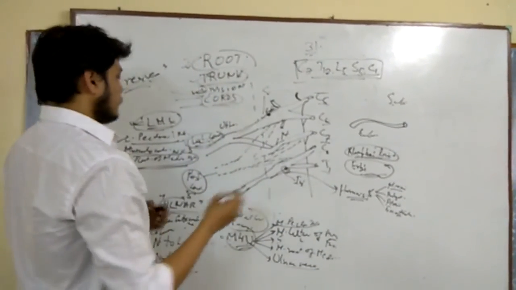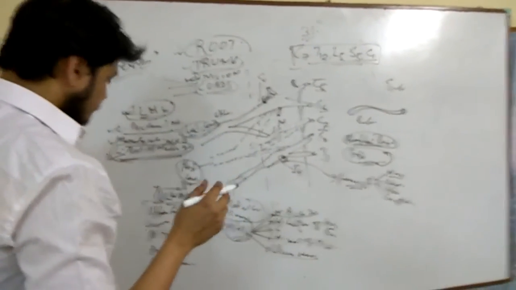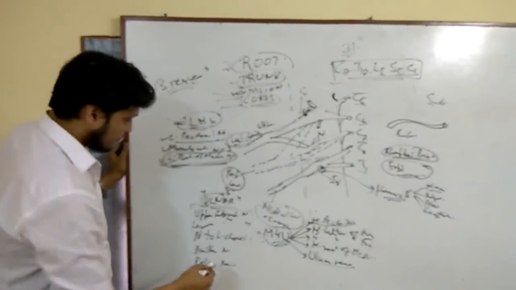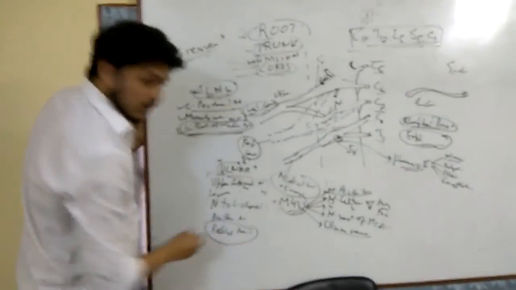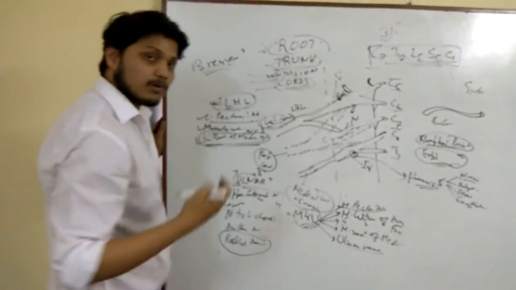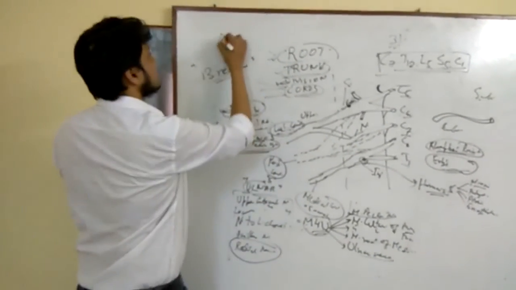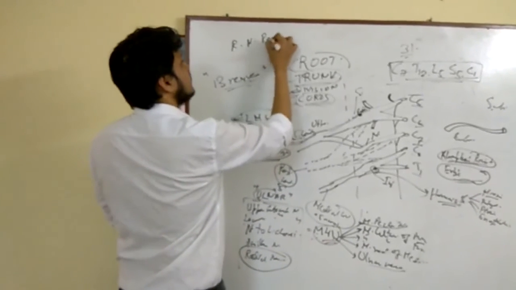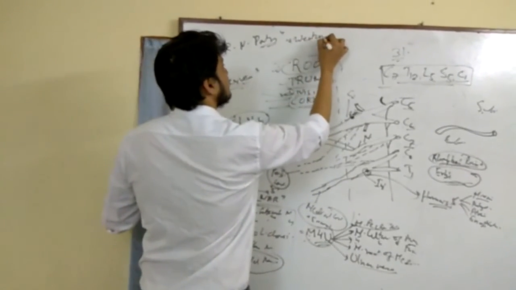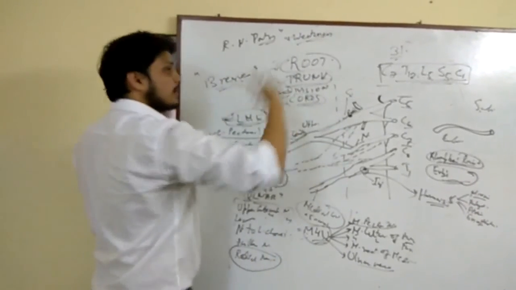Finally, we come to 2 important things. First, what will happen if the radial nerve gets paralyzed, or gets palsy. The word palsy means weakness, of the muscles which it supplies.